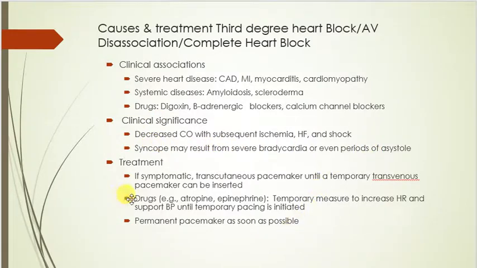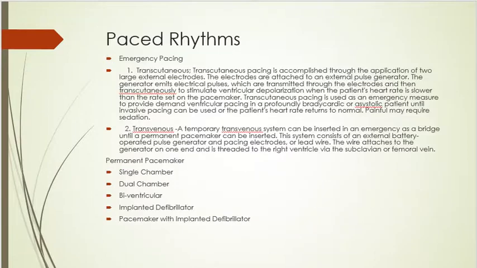But if they're symptomatic, we want to get a transcutaneous pacemaker on them right away until a temporary venous pacemaker can be inserted. And we'll do a lot of temporary measures, especially atropine or epinephrine, to keep the blood pressure up until we can get that pacemaker working, and a permanent pacemaker as soon as possible.